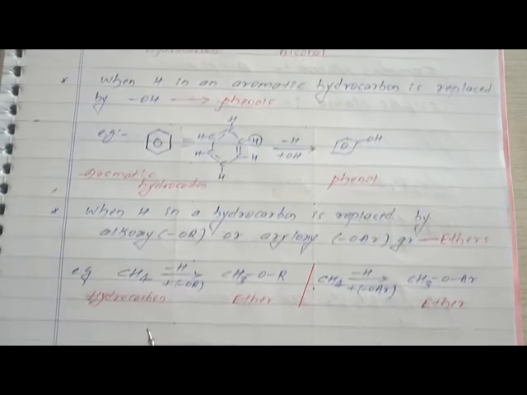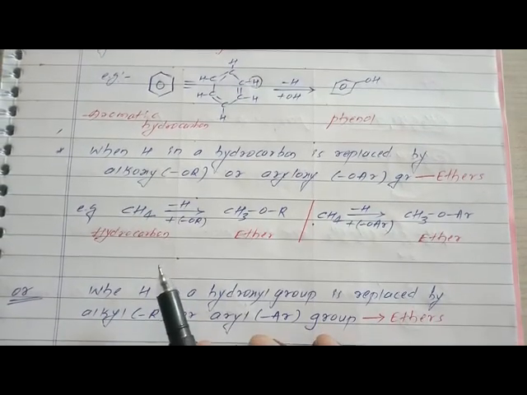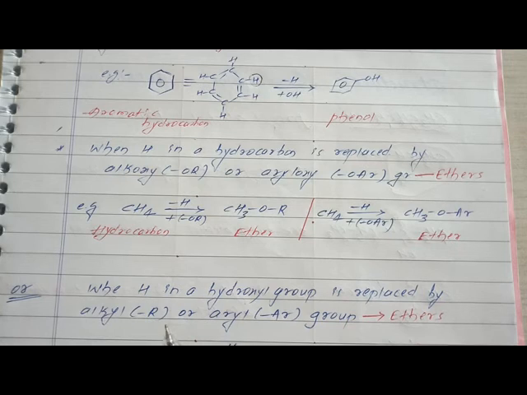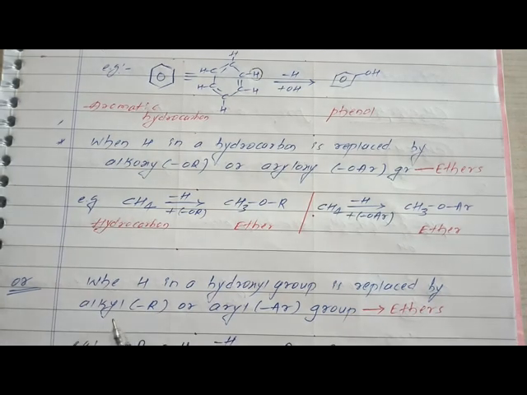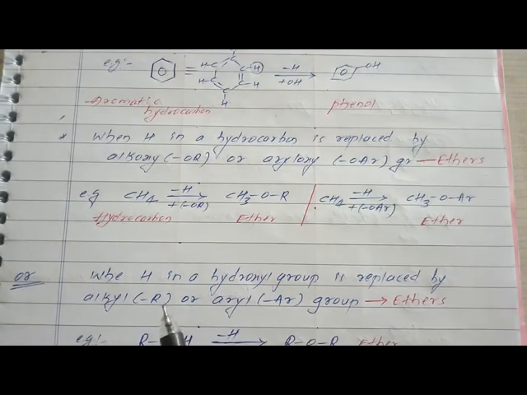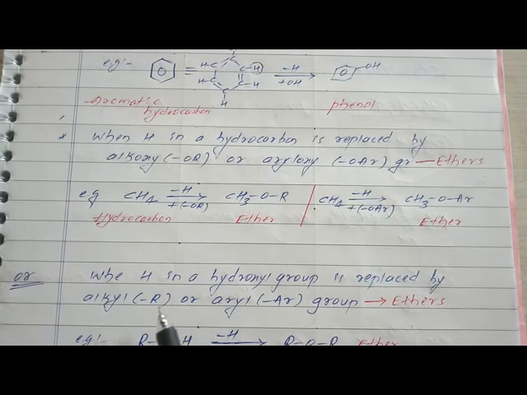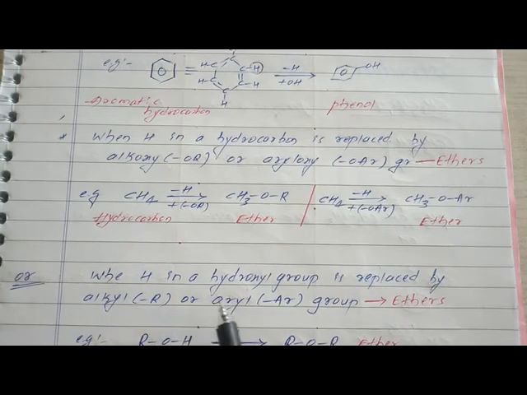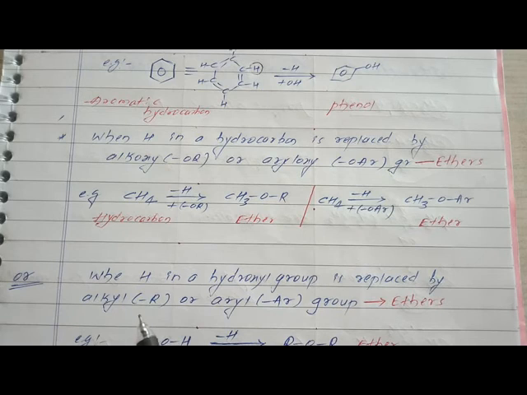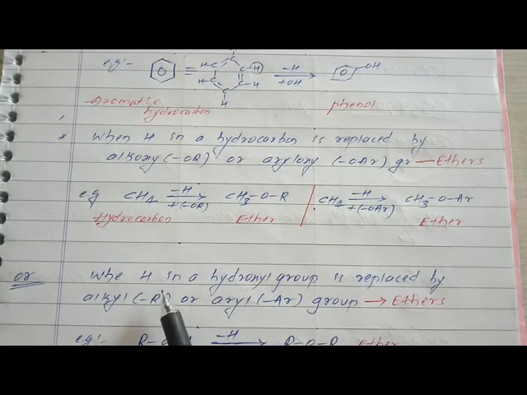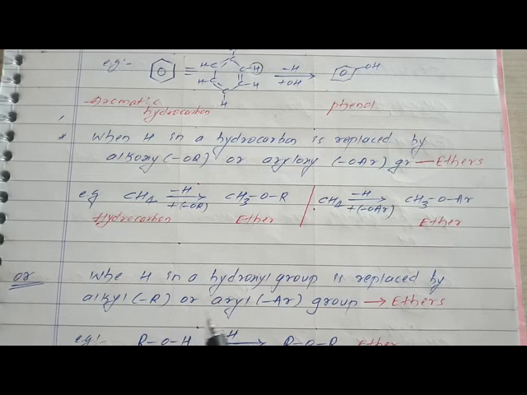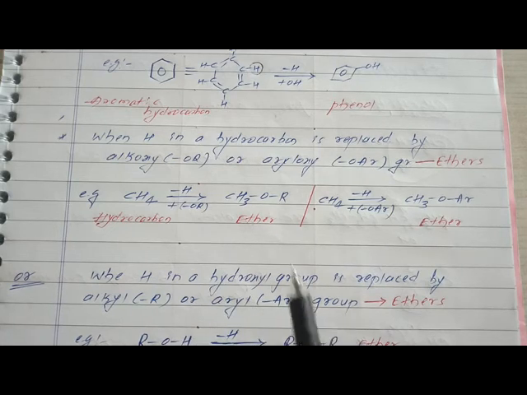Now this ether can be defined in another way also, meaning we have another definition of ethers. When hydrogen in a hydroxyl group is replaced by an alkyl or aryl group, we'll also get ethers, students. I repeat once again, when hydrogen in a hydroxyl group is replaced by an alkyl or aryl group, then we will get ethers.